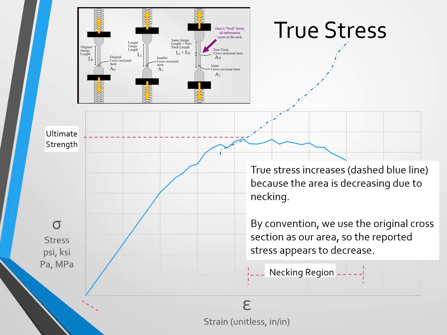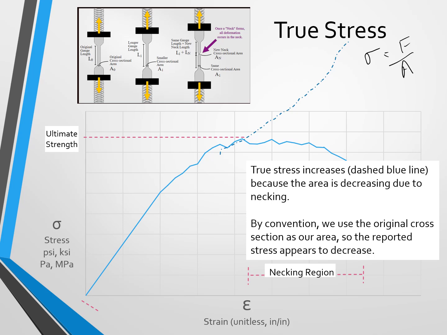Now, one thing I do want to point out here is that we are plotting and calculating engineering stress and not actually true stress. Engineers like to work smart, and plotting the true stress is considerably more work for little to no added benefit. Remember that stress is equal to the load, or the force, divided by the cross-sectional area.